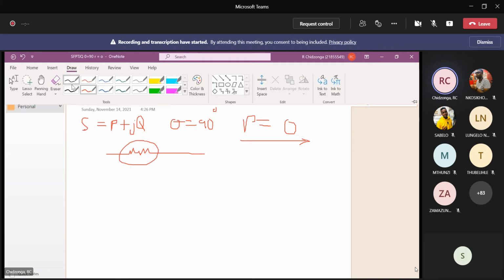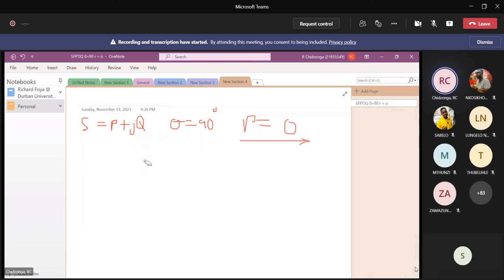On the other hand, if your power factor angle equals 0, it means Q is 0. So whatever power you are sending from the source to the load, all of it, in theory, is being converted to real power. And that is what you desire, right?